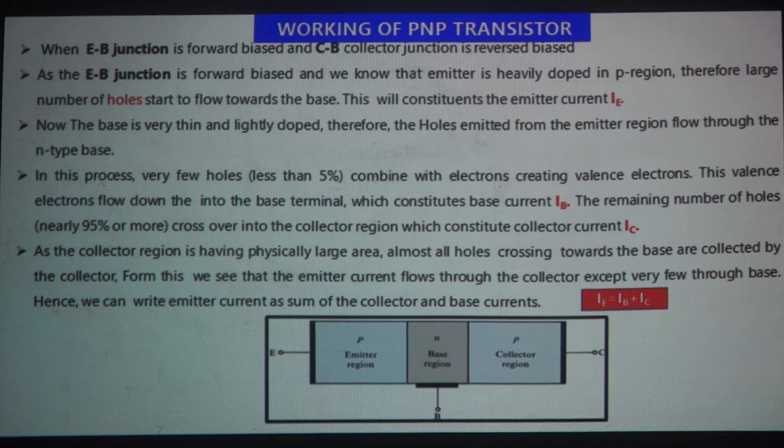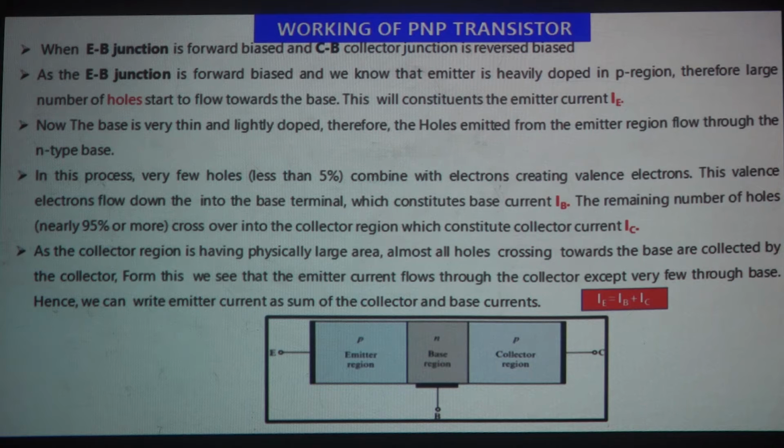From this we see that the emitter current flows through the collector except for very little through the base, and hence we can write a very important equation: the emitter current is the sum of the collector current and the base current, IE = IC + IB. So this is the simple working of a PNP transistor.